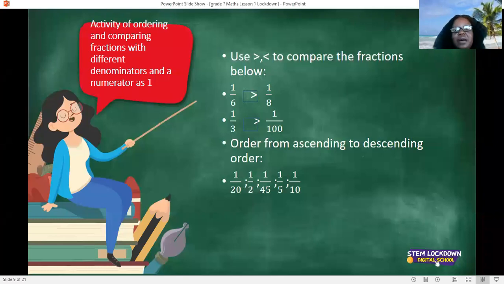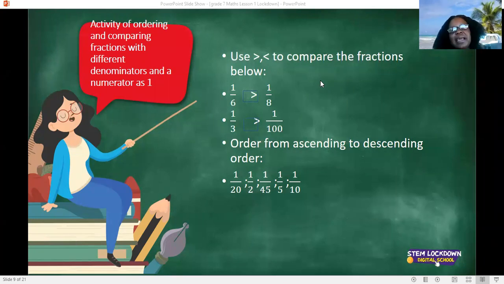So that is how we compare or order fractions that have the numerator as 1 but different denominators. We have basically looked at two things. The first one, fractions that have the same denominator but different numerators: if the denominator is the same and the numerators are different, you have to look at the numerator to determine which fraction is bigger.